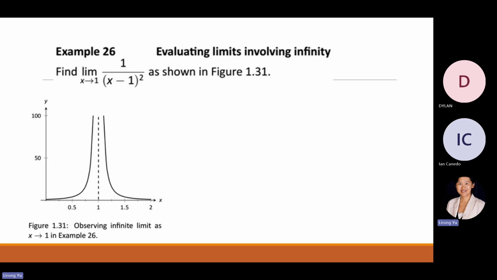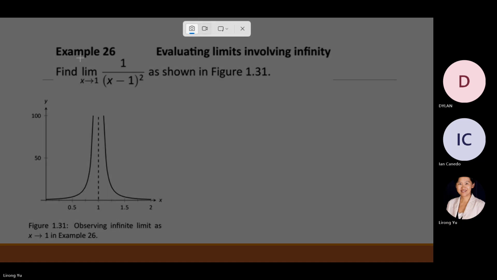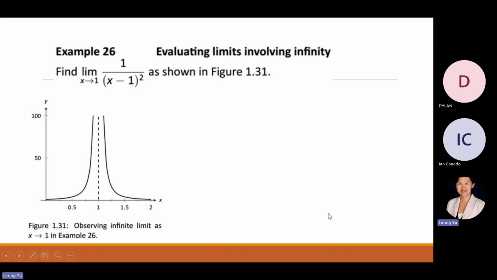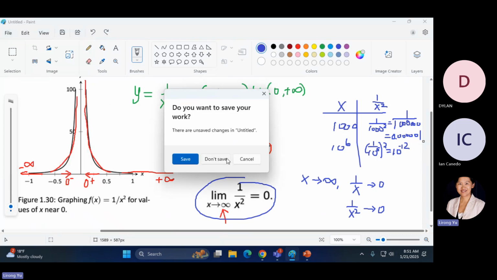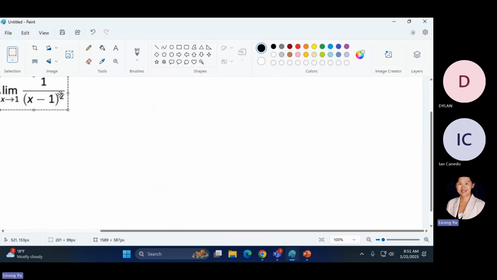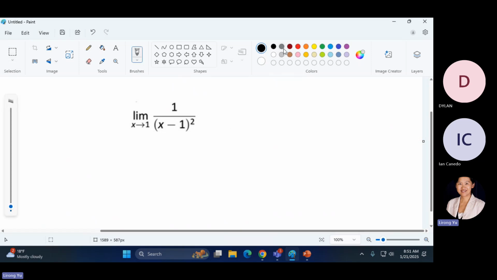So what's the limit? Infinity. It's positive infinity. So if we try to write it out, we should see a conclusion like this. The limit of this function is equal to infinity. So that will be the conclusion for this question.